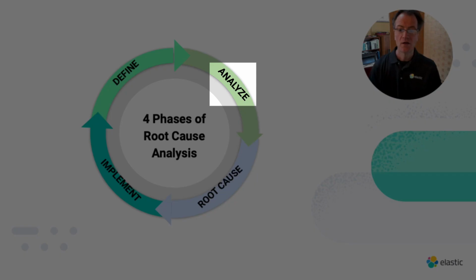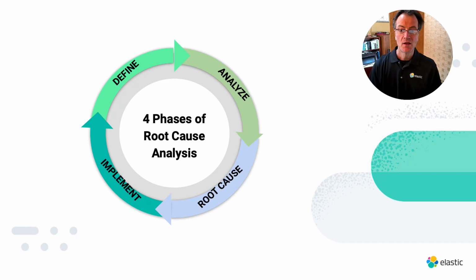Second, to get towards understanding of your problem, you analyze the data. That typically will be already in Elastic, and its visualizations and analysis capabilities that are powered by statistics and machine learning can get you a long way. And we'll tell you more about that later.